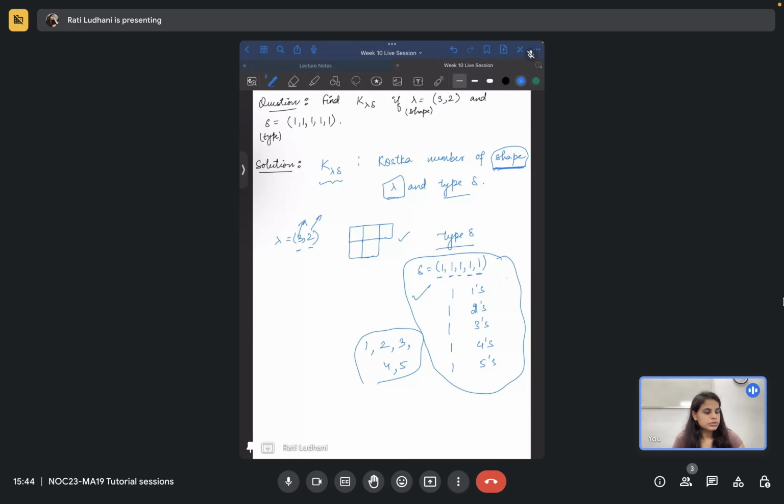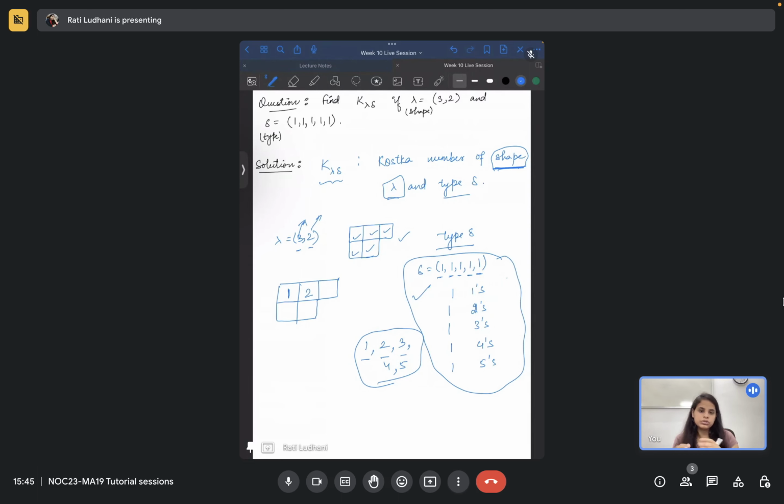Now you need to put these numbers in these blocks. These 5 blocks, you need to put these numbers such that in the rows it is weakly increasing, and over the columns it is strictly increasing. How can you do this? Let's see. You put 1 here, and then maybe 2 here.